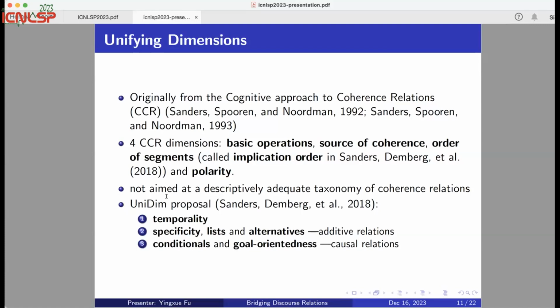So there are some studies that try to integrate different discourse annotation frameworks, and the UNIDIM proposal is one of such studies. In this proposal, people try to express more relations, so they added some dimensions such as temporality and specificity, lists and alternatives for additive relations, and conditionals and goal-orientedness for causal relations.